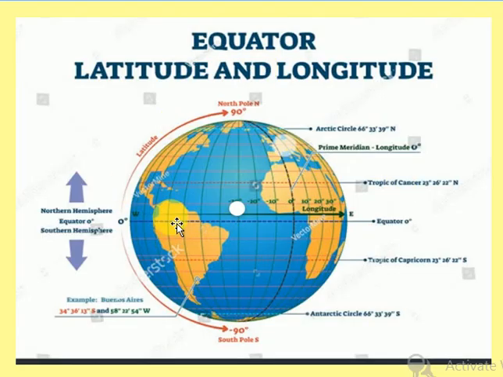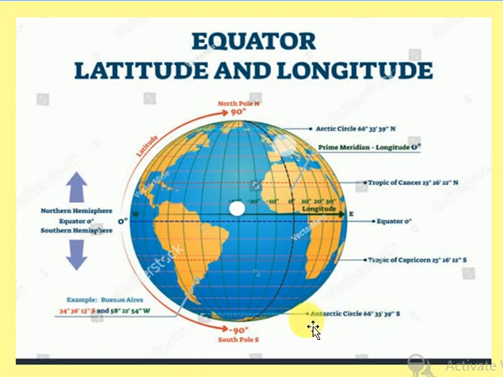Now let us take again for your revision latitudes and longitudes. Have a quick look. This is the line of equator, tropic of Cancer. The value is also 23.5 degree. All this you should know. Tropic of Capricorn, and this 0 degree line again is your prime meridian. This is the Arctic Circle.